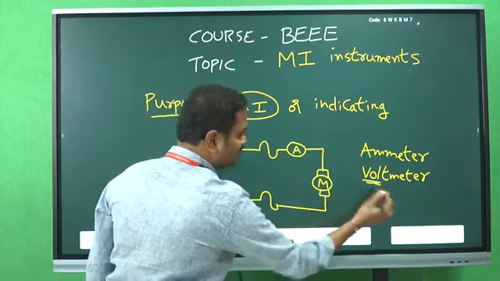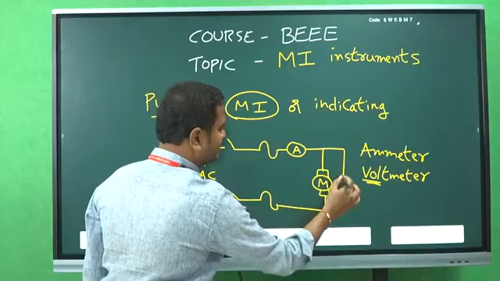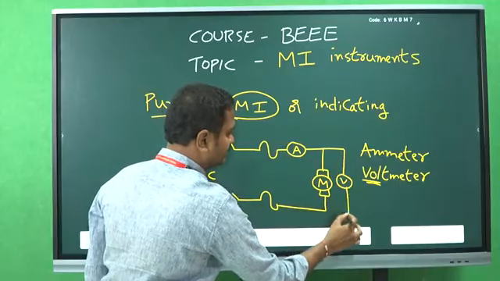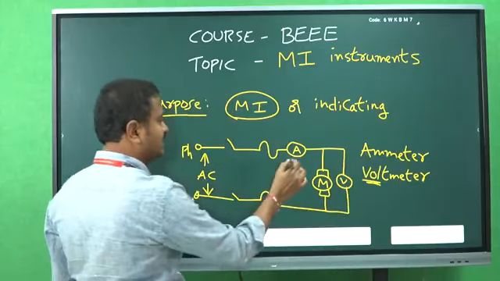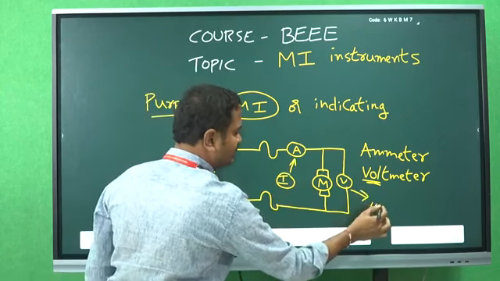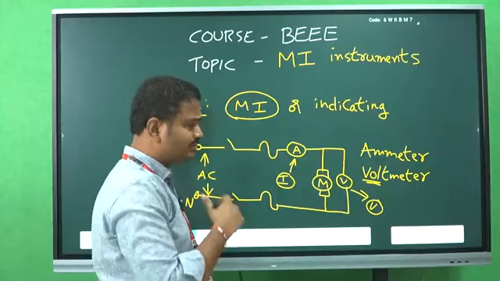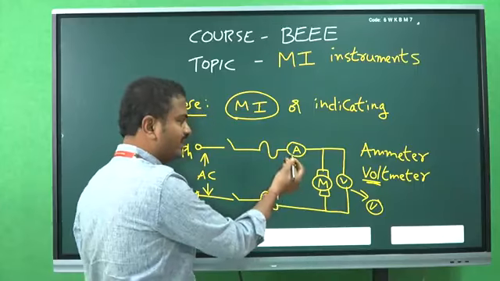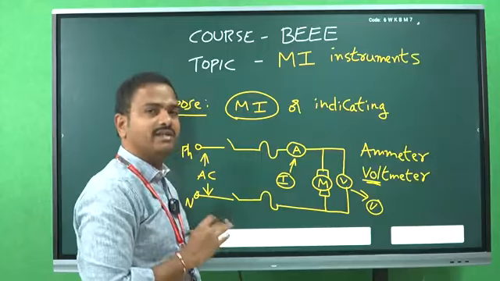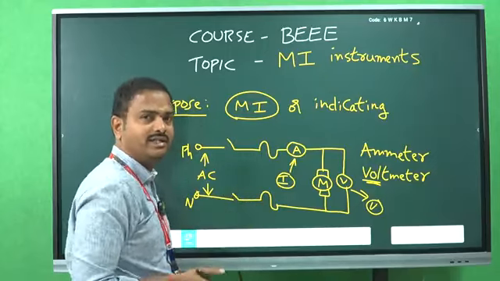Then if we want to connect a voltmeter, we have to connect it across the motor. This ammeter measures the current value, and this voltmeter measures the voltage value. Clear? So indicating instruments measure the instantaneous current and voltage values in a circuit whenever these two instruments are connected in the circuit. Clear?